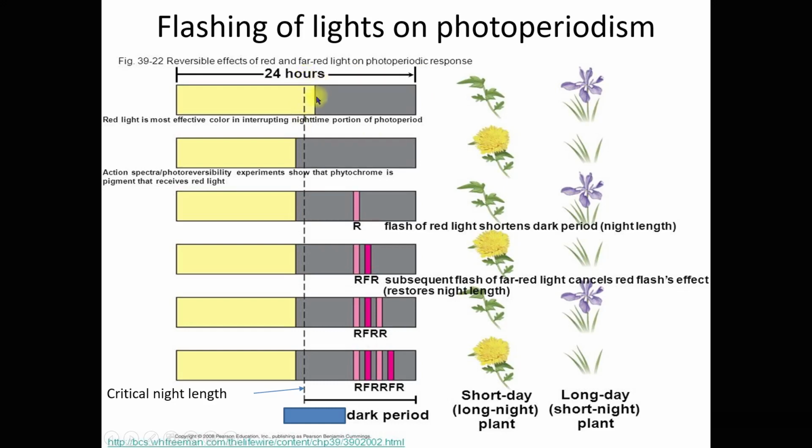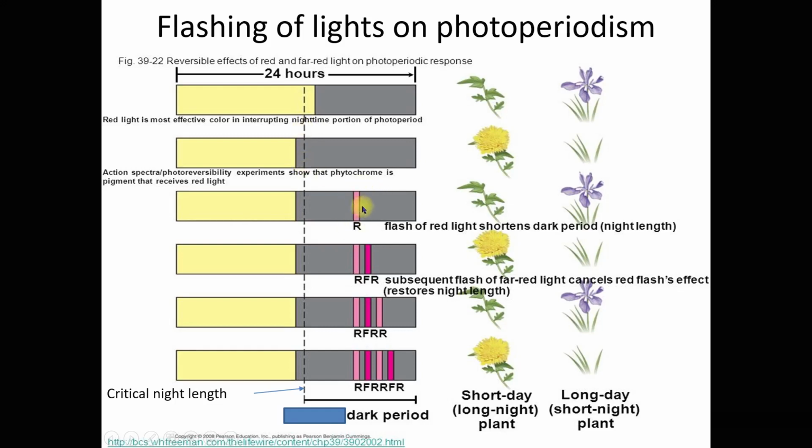You see, this is their dark period which is shorter than the critical night length. Whereas short day plants flower when their dark period exceeds the critical night length.